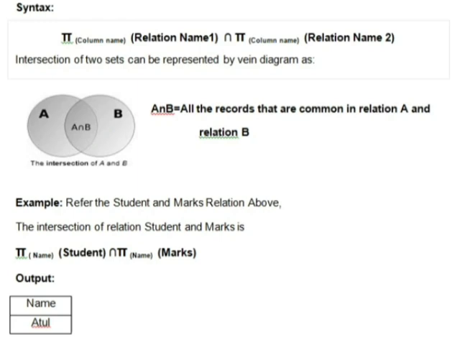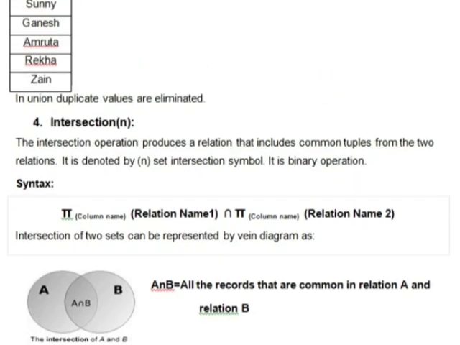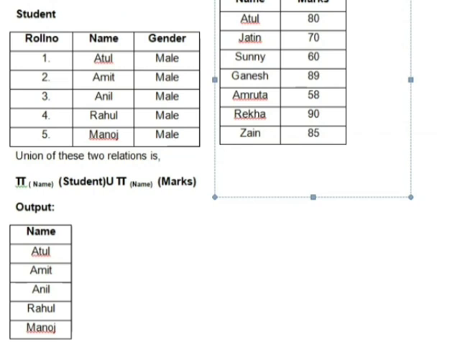To understand this more clearly, we'll take the example from the previous video. Let's consider we have two tables, the student table and the marks table. Student contains roll number, name and gender, whereas marks contains name and marks.